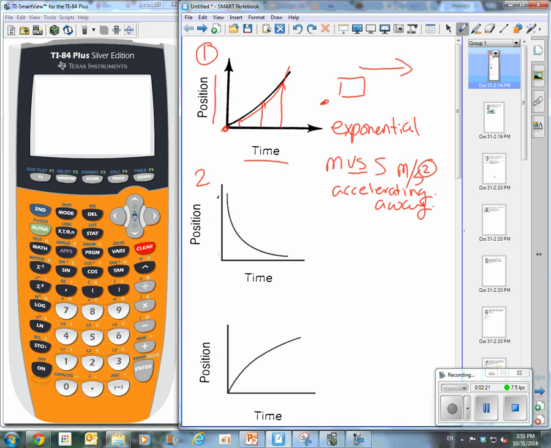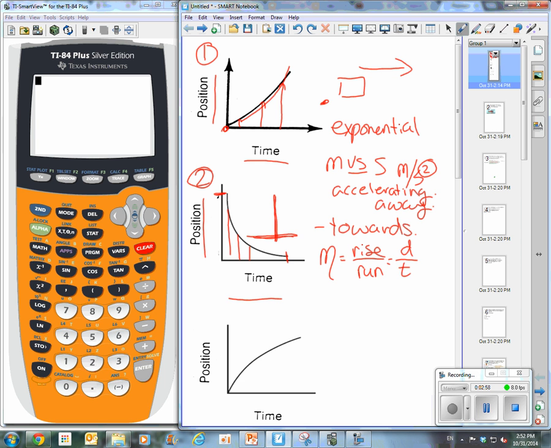Now, if I look at graph number 2, again we've got position time. We notice that this object, as time occurs, starts really far away from me, gets pretty close, so it is moving towards the reference point. And then if I look at the slope of this graph, remember that slope is rise over run. The rise is displacement, and the run is time.